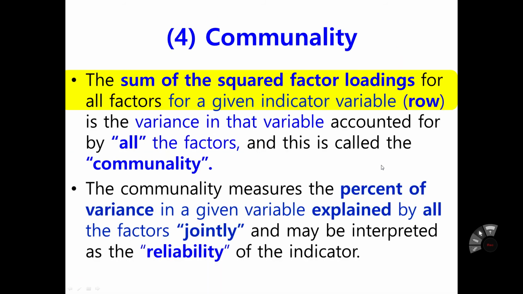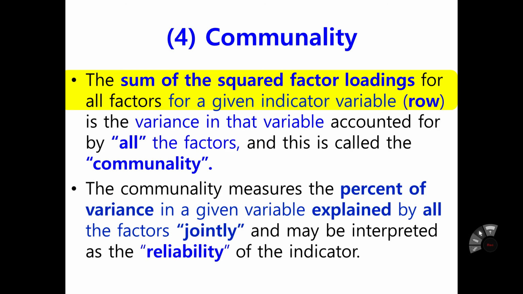Number 4, communality. What is communality? Communality is the sum of the squared factor loadings for all factors for a given indicator variable. It is the variance in that variable accounted for by all the factors, and this is called the communality. It's the horizontal summation of squared factor loadings.